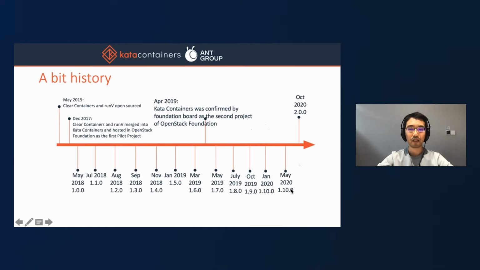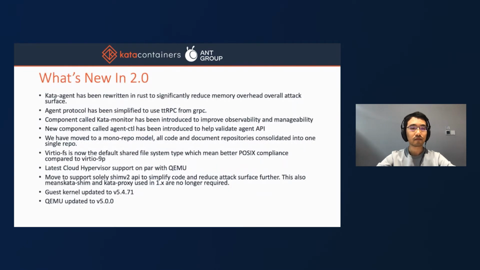We are still maintaining the 1.x release of Kata Containers, but now the main development forces have been migrated to the 2.0 release. So let me talk a little bit about what's new in the 2.0 release.